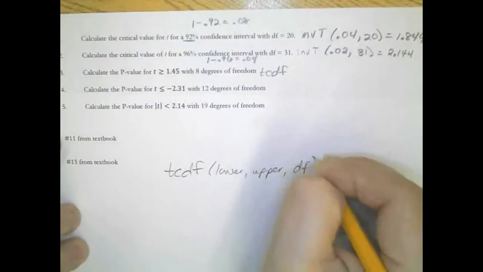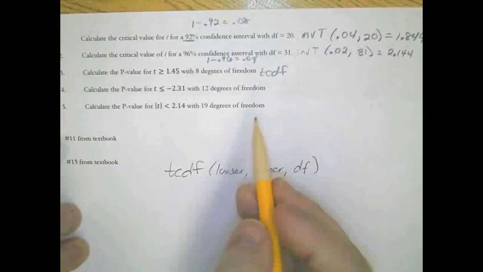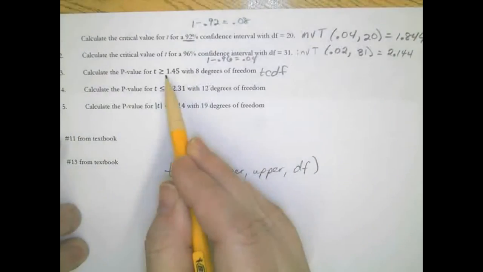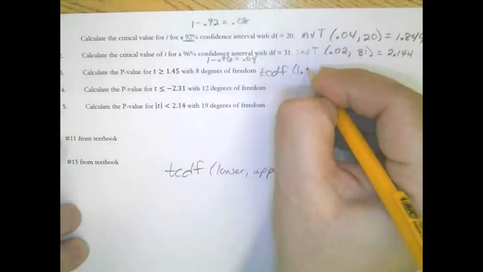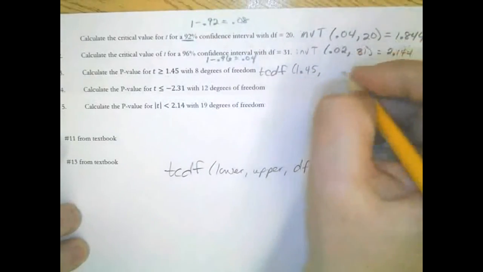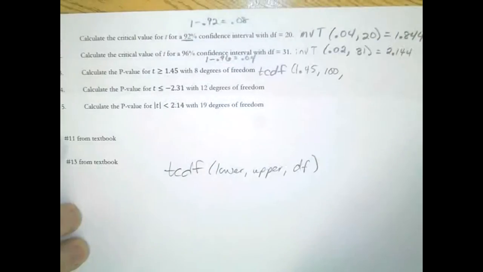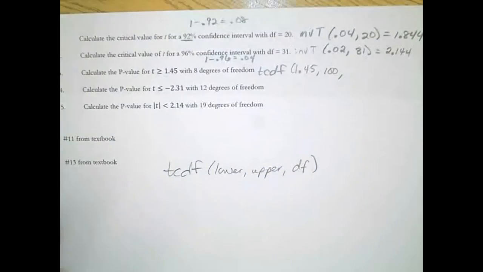I want to be greater than 1.45, so that means that's my lowest point. I'm going to pick some big number, about 100, because that's pretty big. And then my degrees of freedom is 8.